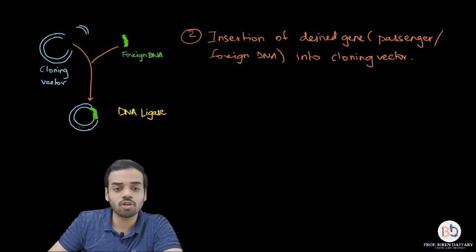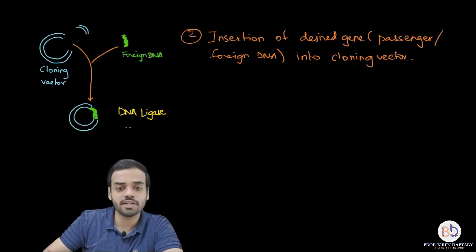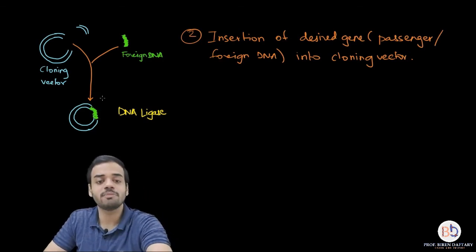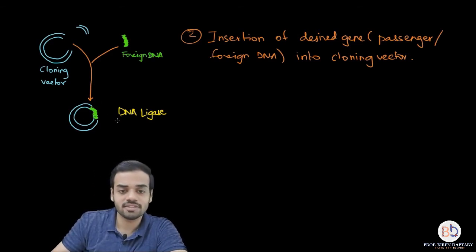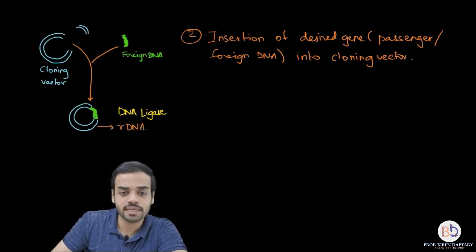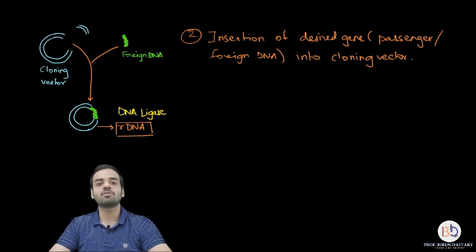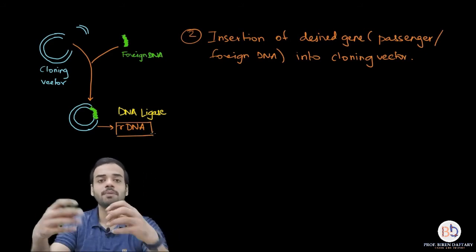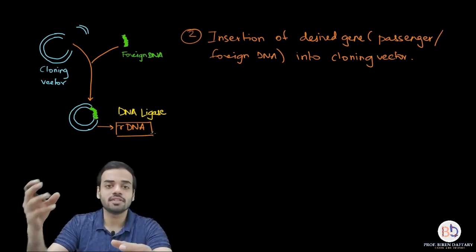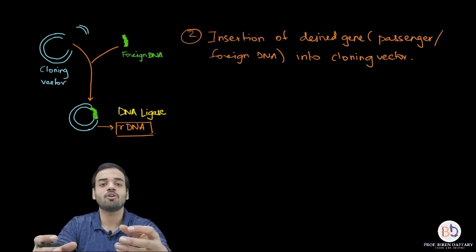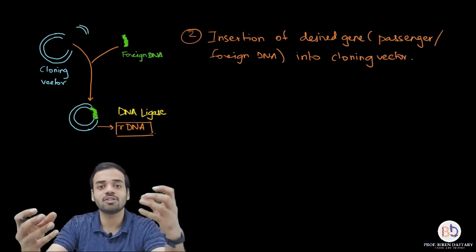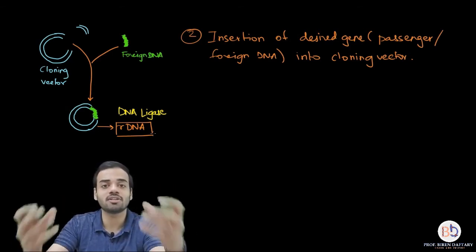And that will be done with the help of DNA ligase. And now this molecule which you have got, this blue and green molecule, what will it be called? Can anybody guess? Very simple. This is called your recombinant DNA. Is this clear? Why is it called recombinant? Because it is formed by the combination of the foreign DNA and your cloning vector, or the passenger DNA and the cloning vector, or the required gene and the cloning vector.